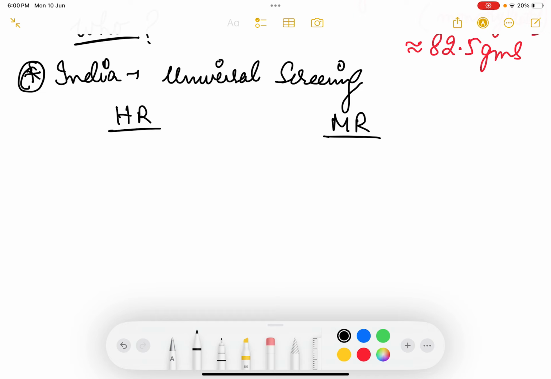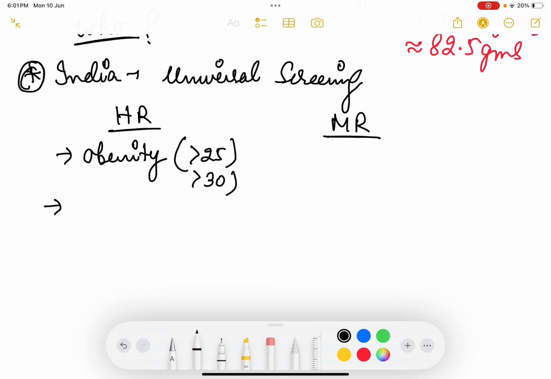This is very important. Remember, patients who have obesity, that is BMI more than 25 is pre-obese and BMI more than 30 is category 1 obese, will be screened for diabetes. Okay. Then previous history of GDM, previous history of gestational diabetes mellitus था, तो इस बार also we will screen for diabetes. Okay.